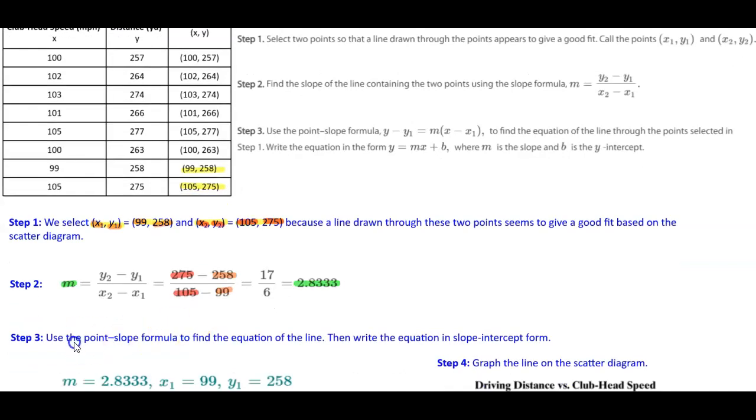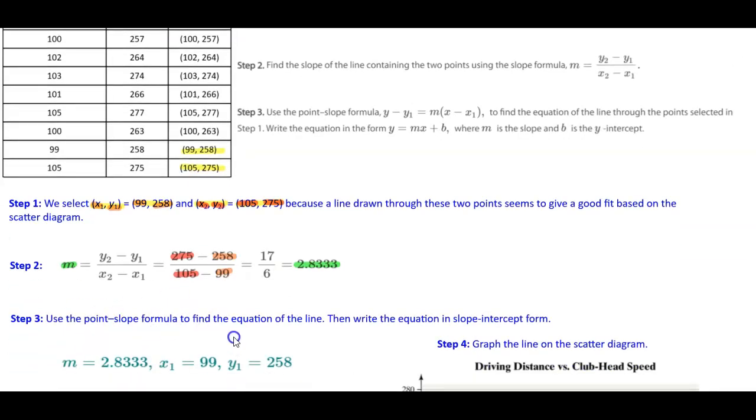Step 3, now we're going to use the point-slope formula to find the equation of the line and then write the equation in slope-intercept form. Recall that we found our slope to be 2.833. We're using x1 as our first point, which is 99, and y1 to be 258.